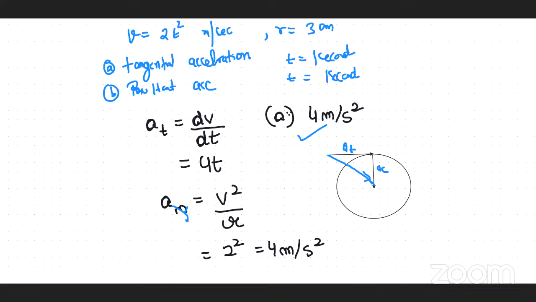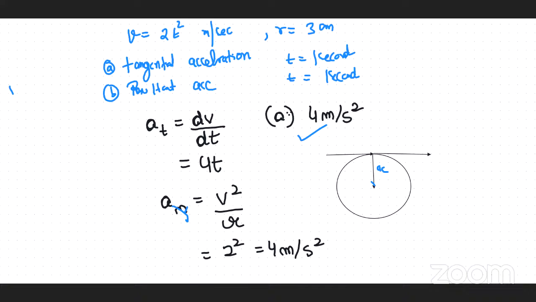वैसे तो ये रिजल्टेंट आ गया ना आपका. It should be in this direction. This may not be in the direction I have drawn. Basically, let me just rub it off and show you the direction, which is more important. So let me draw the direction. So आपका ये, this is your tangential. Okay, and let me just remove this.